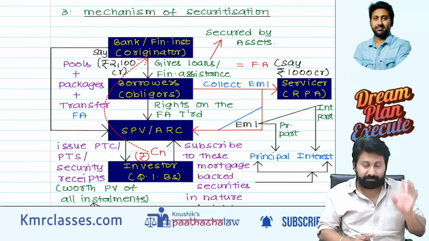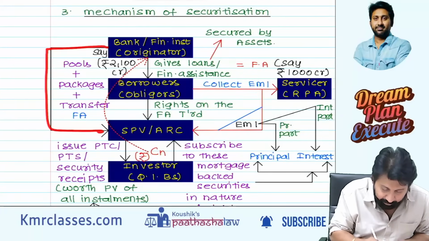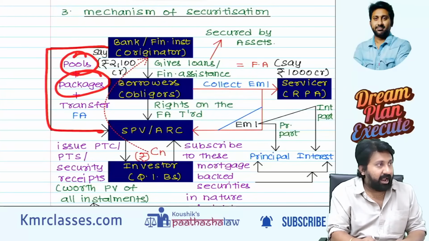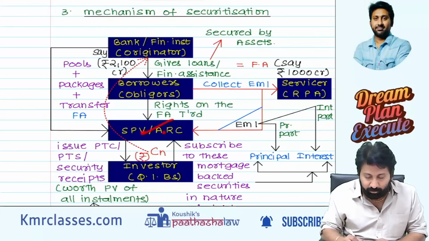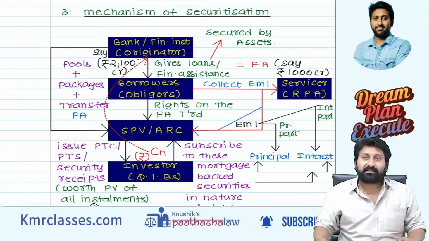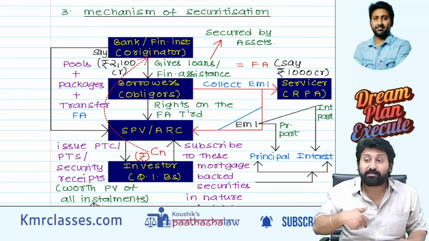To whom? The SPV. Now listen carefully. The bank will pool and combine so many loans into packages and transfer financial assets, not fixed assets, to the SPV or ARC. Now the question: sir, the bank itself got a problem. If we get a finance problem, we go to the bank.